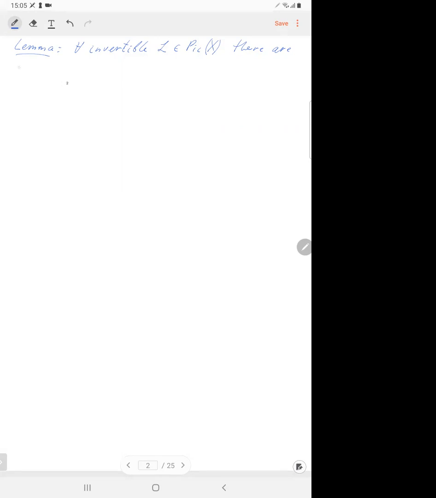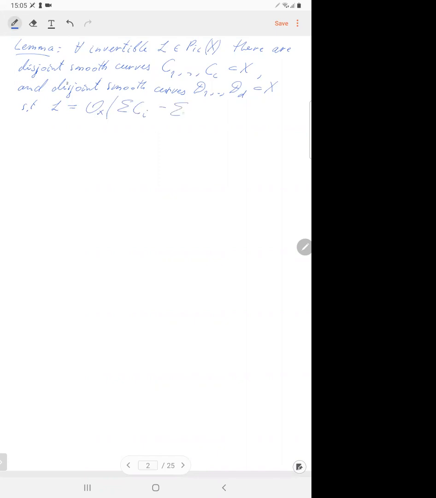So there are disjoint smooth curves E1 and so on, EC in X, and disjoint smooth curves D1 and so on, DD in our surface, such that our line bundle is O_X of the sum of C curves minus the sum of D curves.